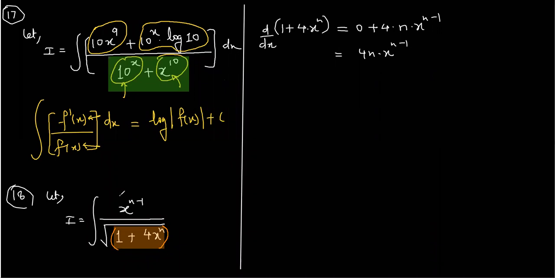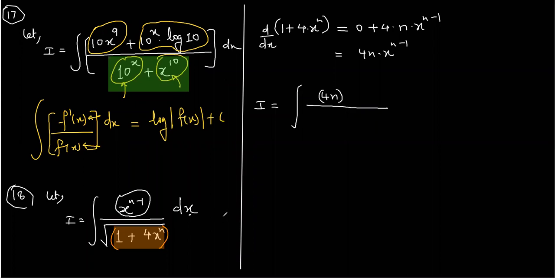But in the numerator you don't have 4n, you have only x raised to n minus 1. So what you will do next is write I equals integral, and you will write 4n, because 4n is a constant. Remember, you are integrating with respect to x, dx here. I had forgotten, sorry for that. Writing dx is essential, very important. When you are integrating with respect to x, anything which is not x is a constant.